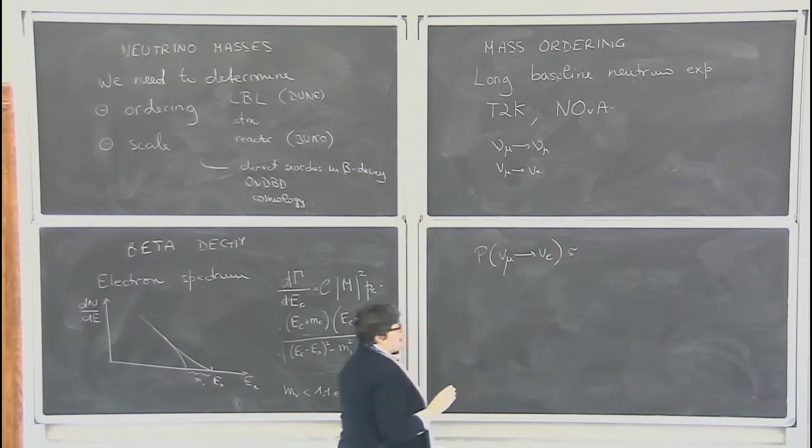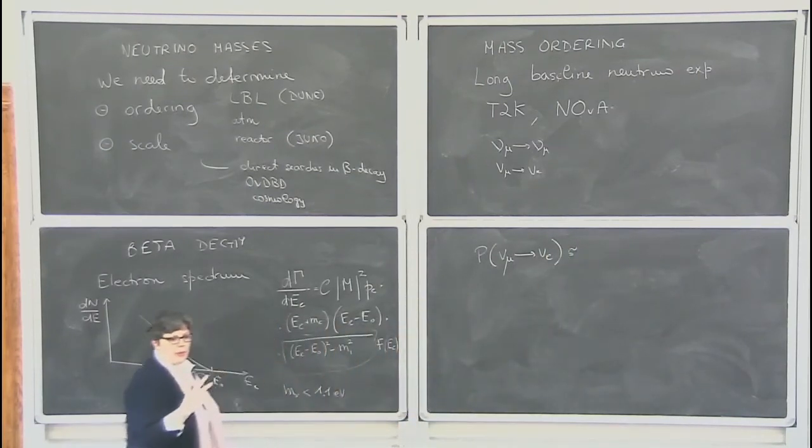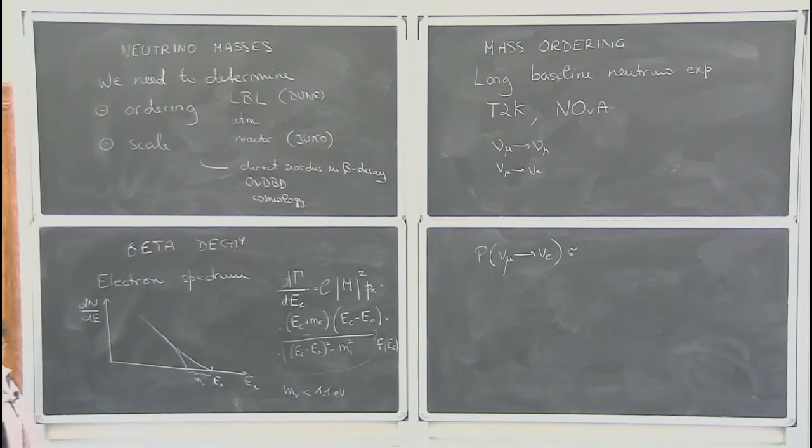Now, this probability is a three-neutrino oscillation probability, so you can expect to have CP violating effects there because it's sensitive to the full 3 neutrino mixing matrix.